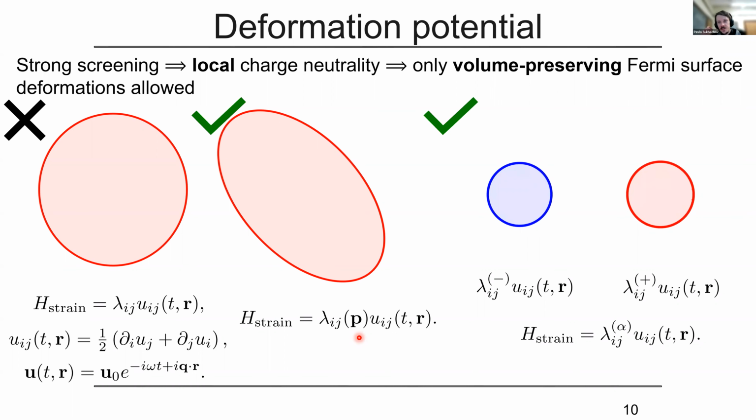So we can increase the volume of one Fermi surface and decrease the volume of the other Fermi surface. And while this preserves the total Fermi surface volume, there are changes. And I argue that this would be the main sound attenuation channel in multi-valley materials.